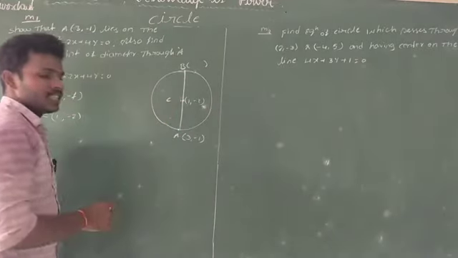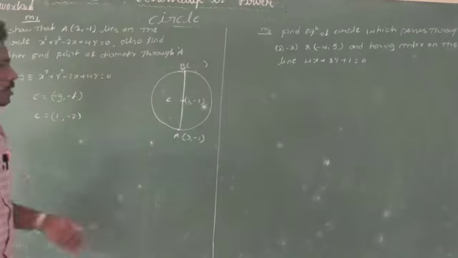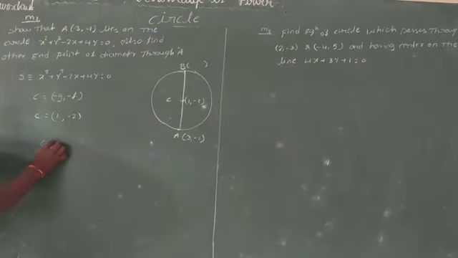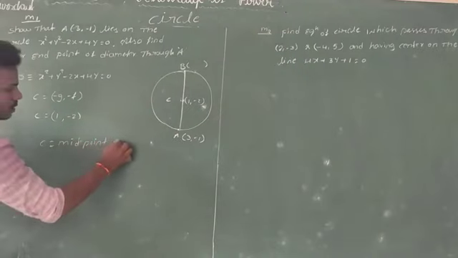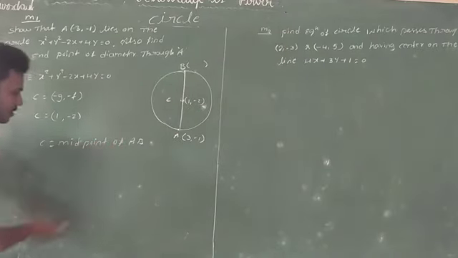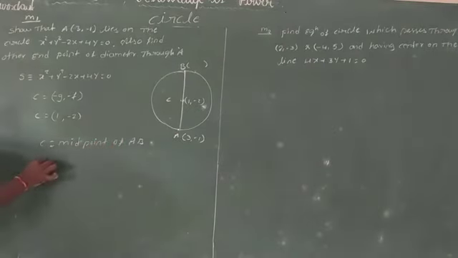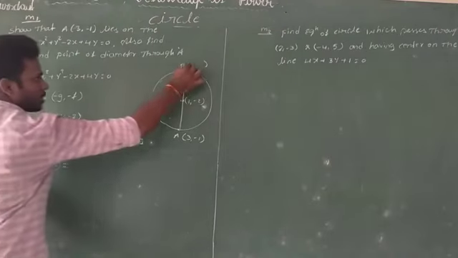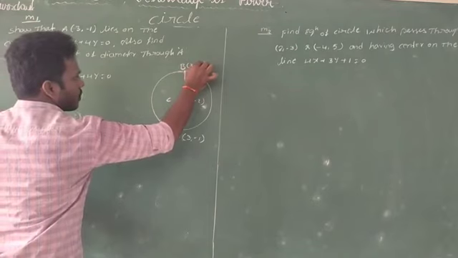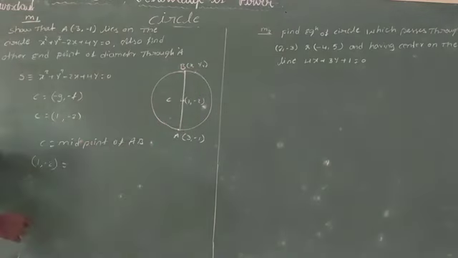So what is the point A? 3 comma minus 1. Then to find point B, C is the midpoint of AB, which is the general thing. So equate the midpoint. The midpoint formula is x1 plus x2 by 2, y1 plus y2 by 2. That's how I can obtain this.